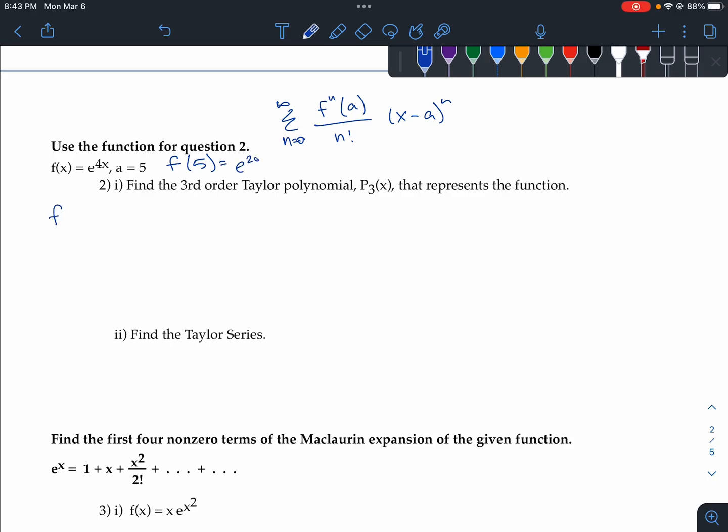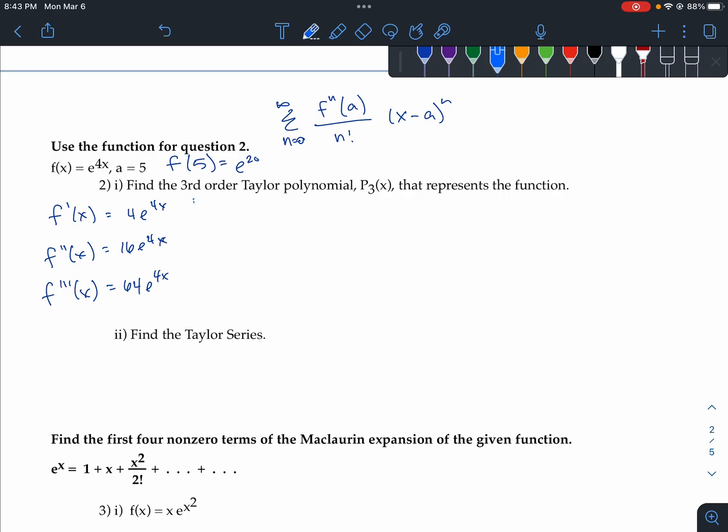Now I want the first derivative of x, the second derivative of x, and the third derivative of x. The first derivative is going to be equal to 4e to the 4x, the second derivative is going to be equal to 16e to the 4x, and the next one is going to be equal to 64e to the 4x.